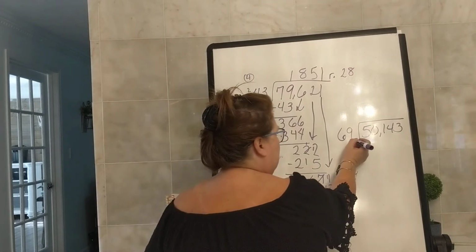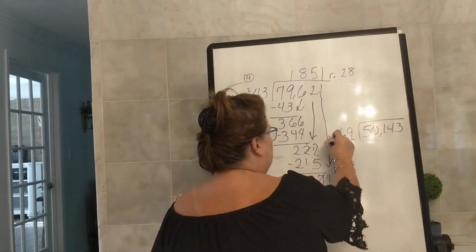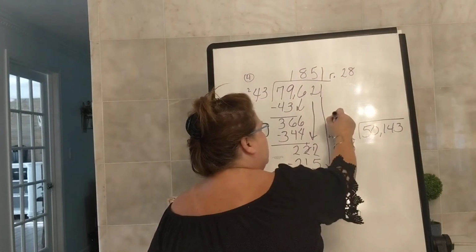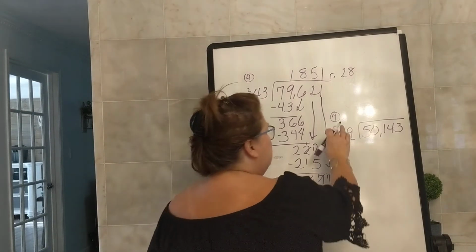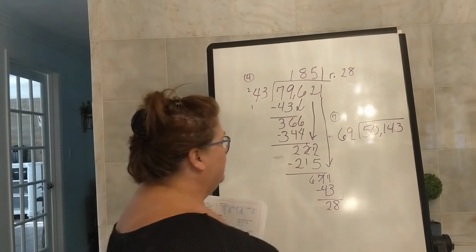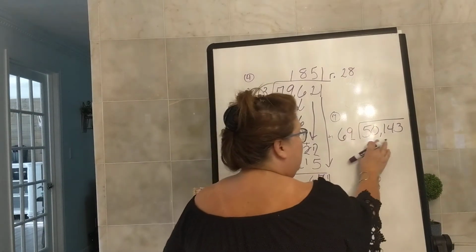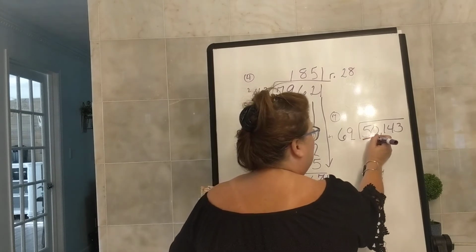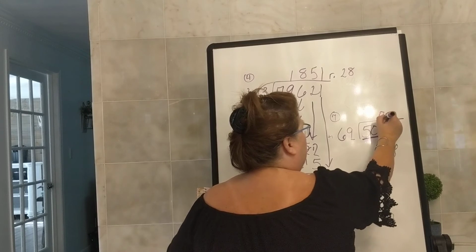If our second digit is 5, 6, 7, 8, or 9, we add 1 to our first digit. 6 plus 1 is 7. Our pretend divisor will be 7. How many times will 7 go into 50? 7 times. 7 times 7 is 49. But back to our real divisor, can 69 go into 50? No, but it can go into 501. So we will put our 7 above the 1.